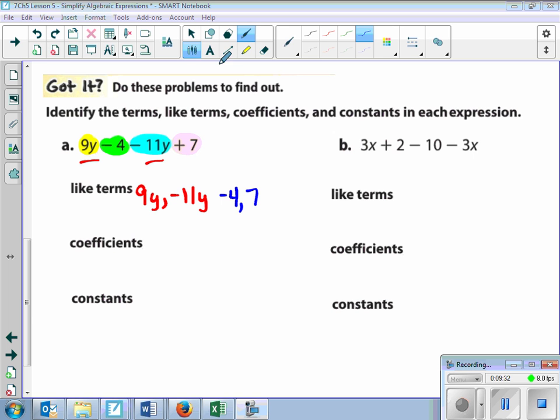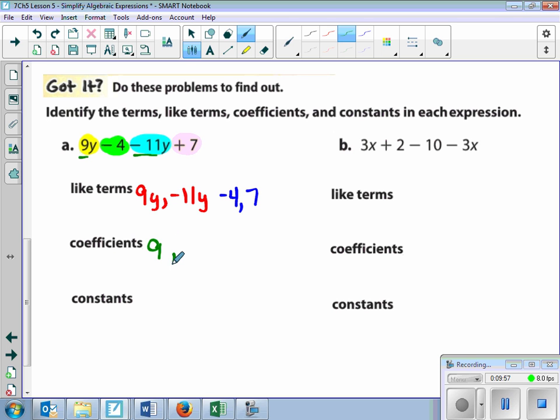So coefficients are the numbers that are in front of the variables. So let me erase this. So the coefficients here, what are my coefficients? Not the y, just the number in front of the variable are the coefficients.